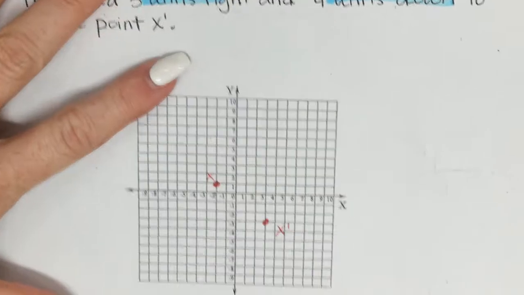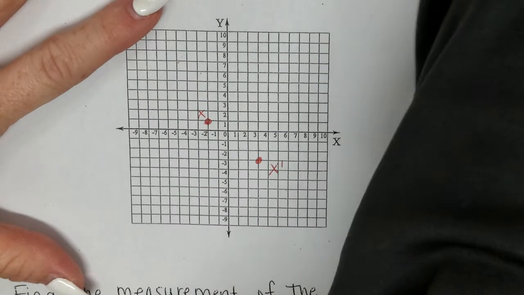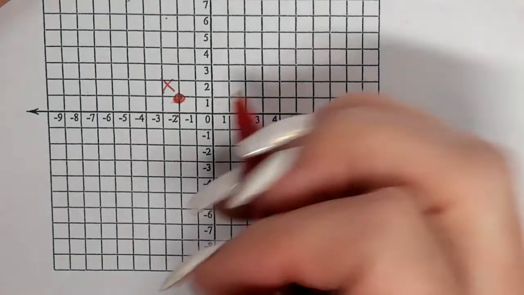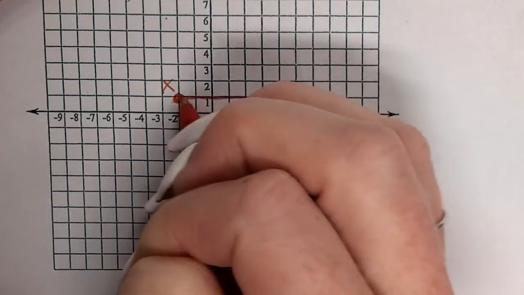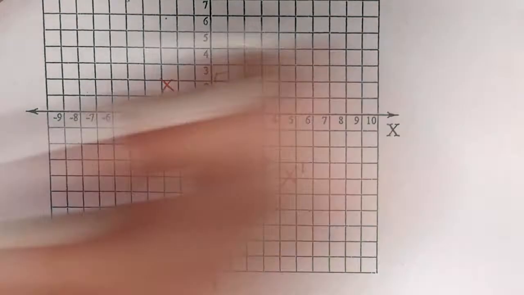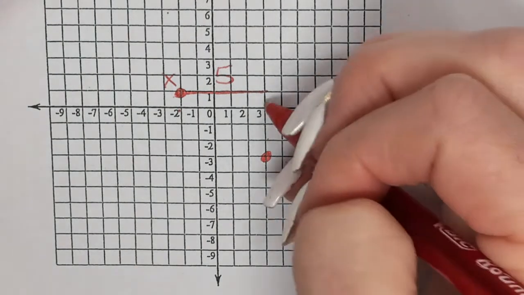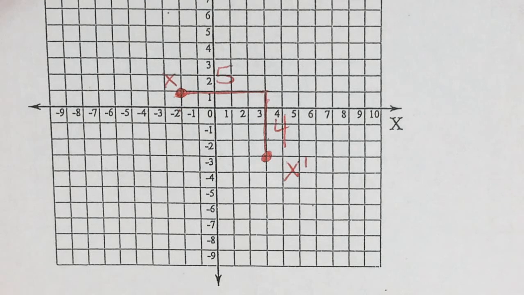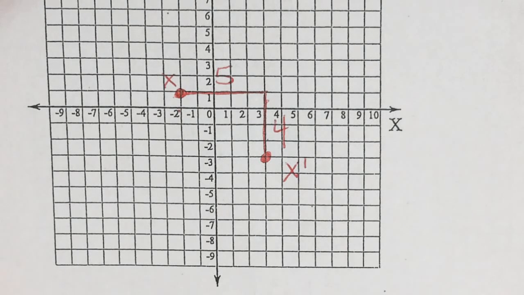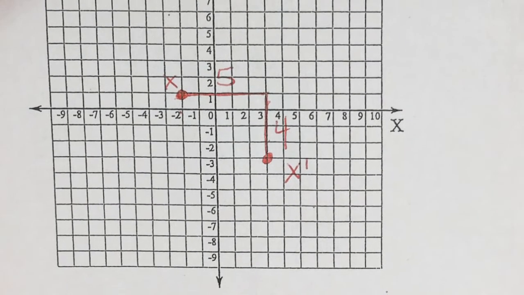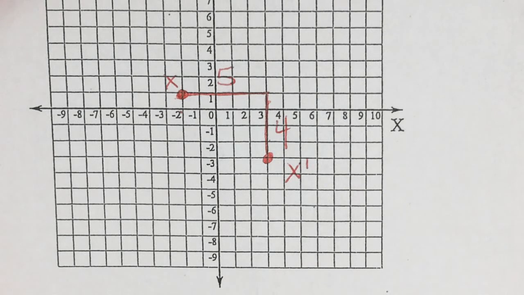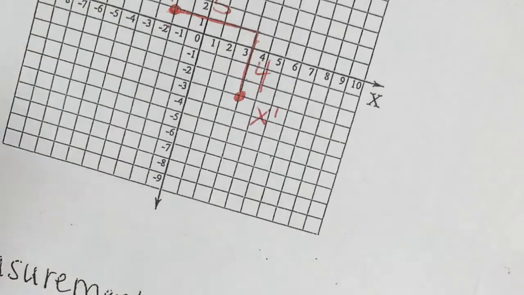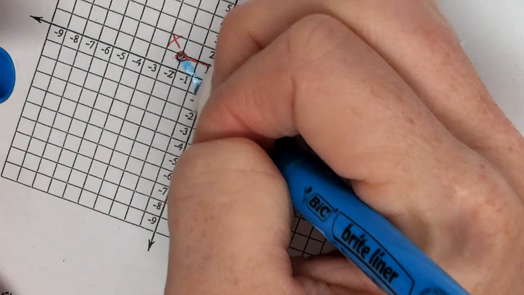Because if I go 5 to the right, isn't that my side length of 5? And if I go 4 down, isn't that my other side length of 4? Did I even really need to graph this, or did I know I was going to do 4 squared plus 5 squared equals c squared? Okay, and then I'm going to find the distance just like I did on the front.